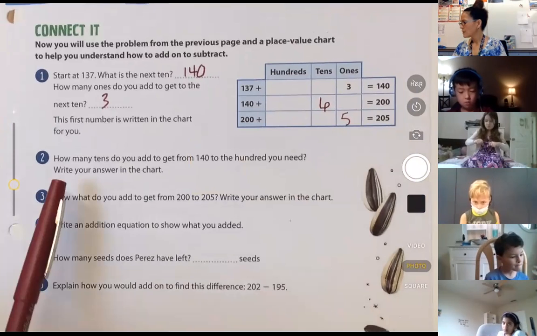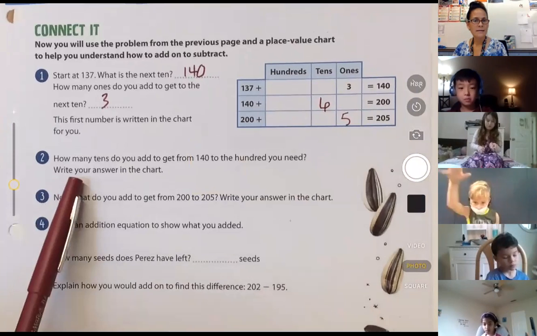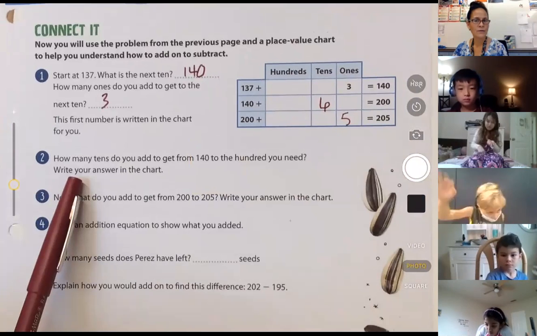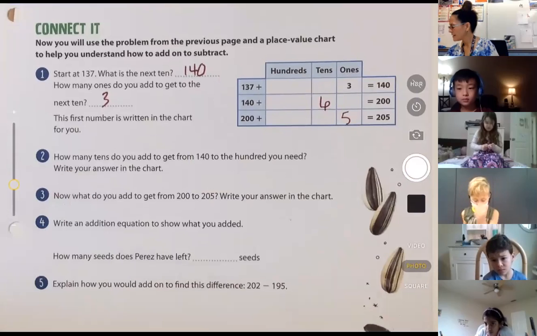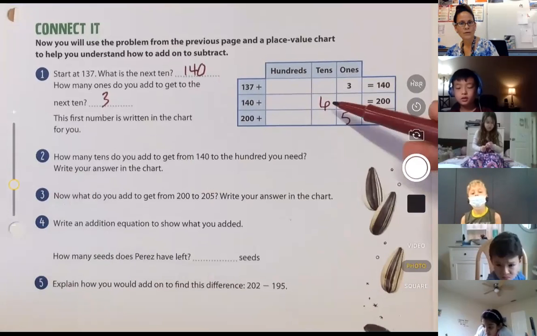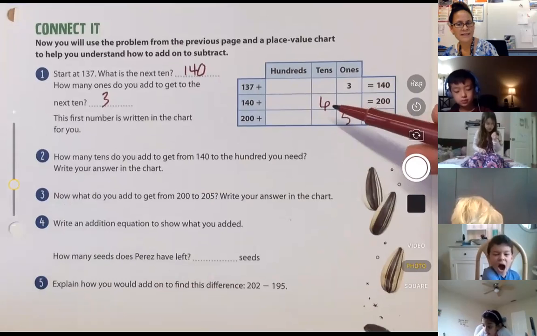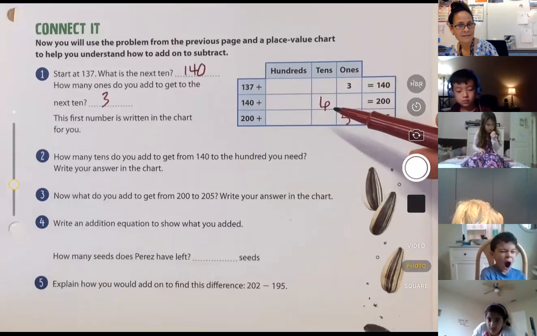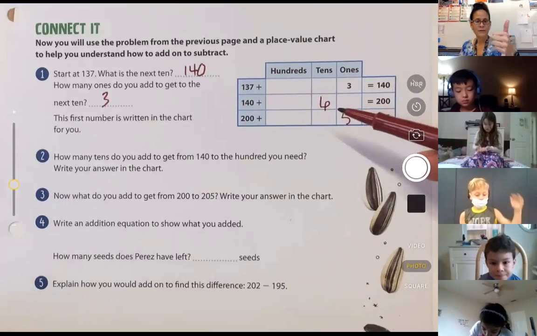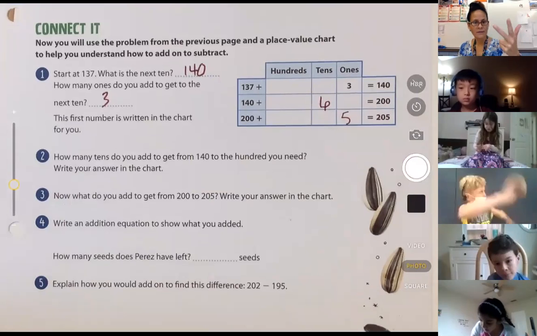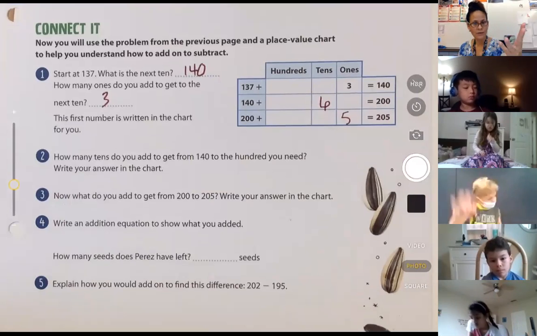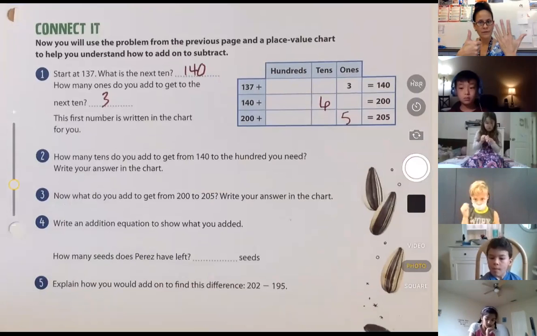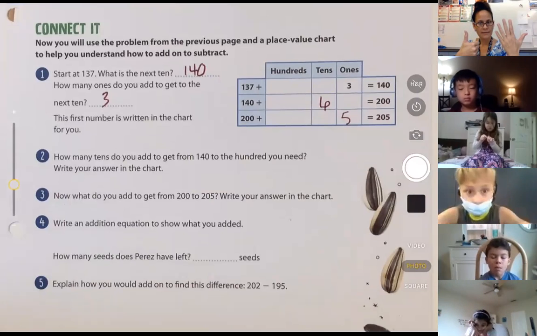So in number 2, it's saying, how many tens do you add to get from 140 to the 100 that you need? Again, that is 6. 140 plus 6 tens, or 60, right? 150, 160, 170, 180, 190, 200, 6 tens.